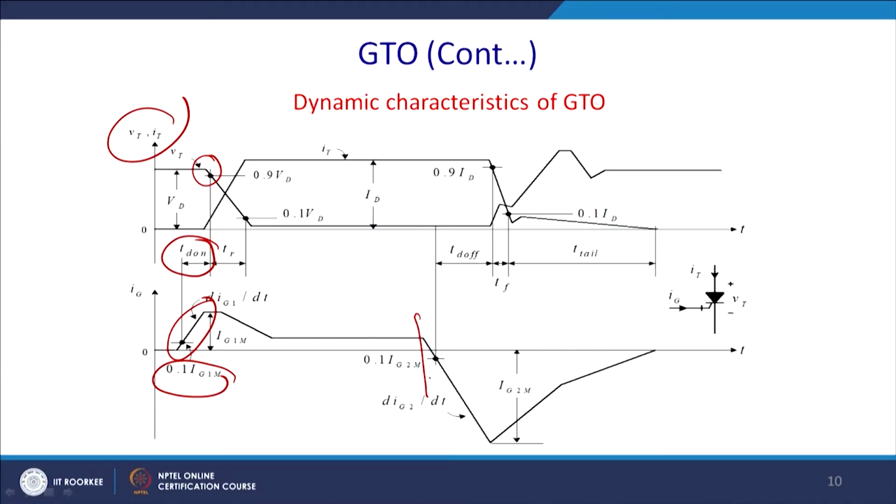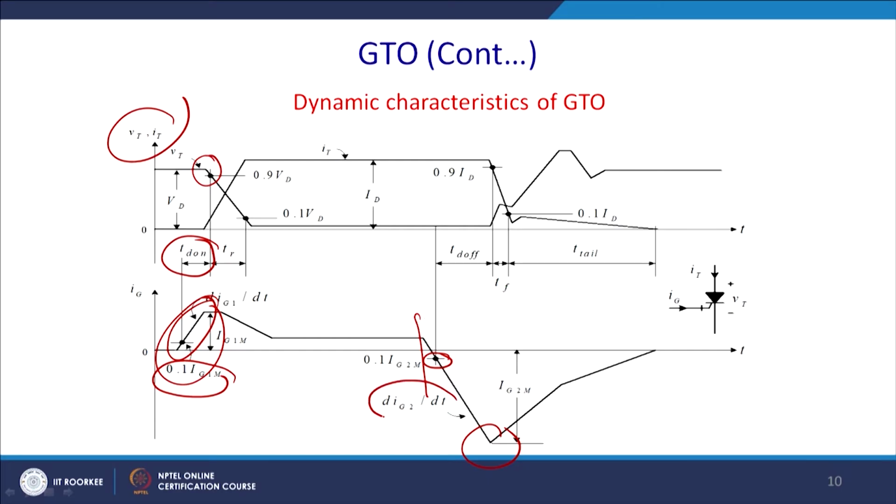Here you initiate the turn-off, and here also it is 10% of your Ig, and you see that this Ig and this Ig have a huge difference. Generally the negative current has to be more than 4 times the forward triggering current. So it will continue to rise.